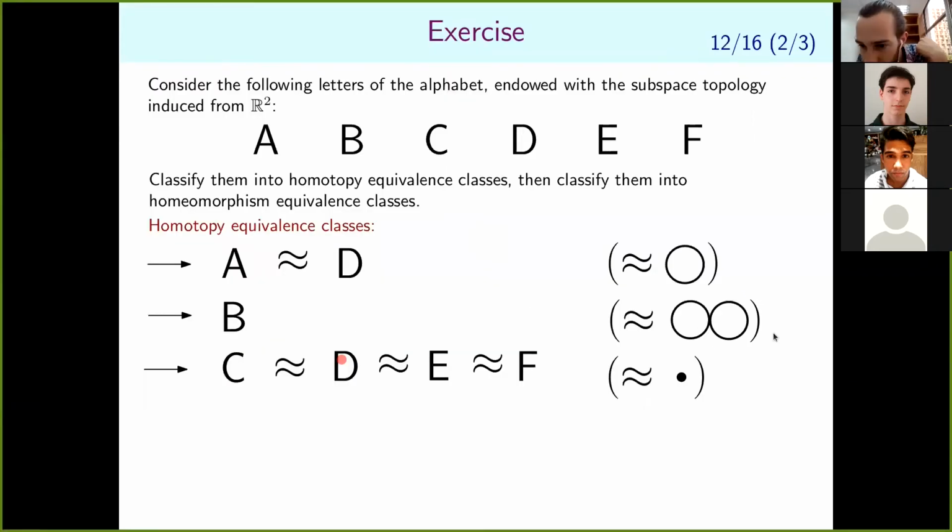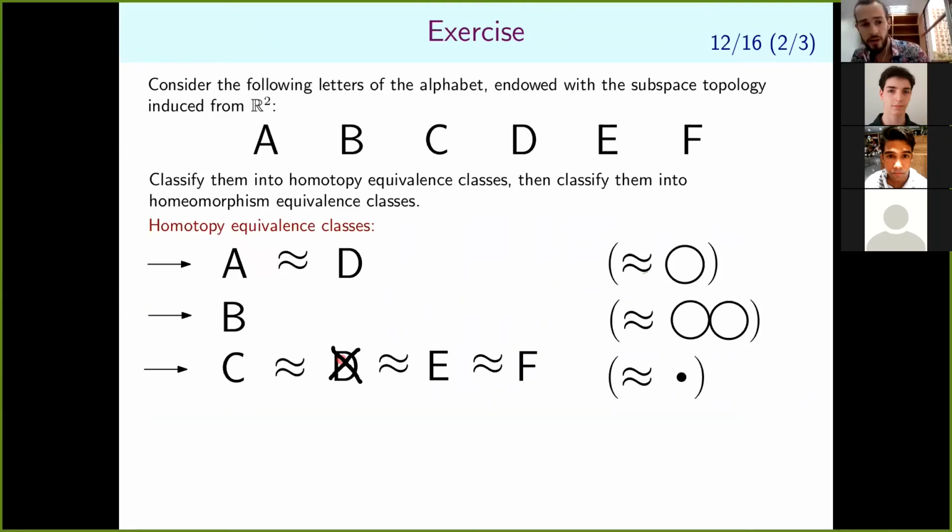All right. And what do you say about homeomorphism? Sorry, Rafael, could you repeat the argument for the point? Yeah. To prove that the letters C, E, and F are homotopy equivalent to points, we will find a deformation retraction from the letter to the point.